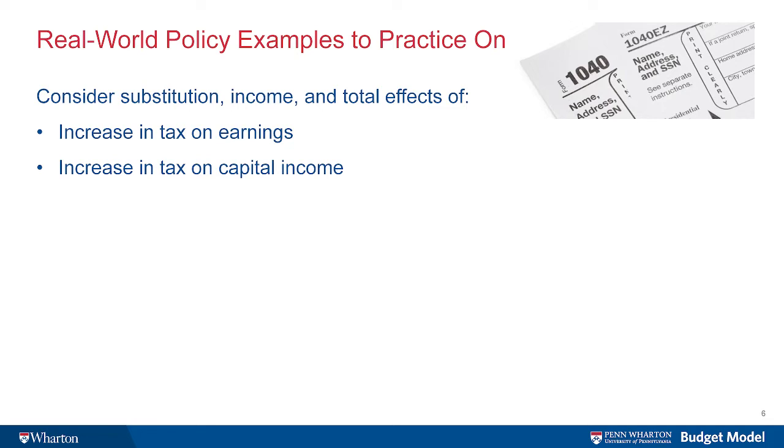You want to hit a target level of saving. So income and substitution effects on saving from a tax on capital income also work in opposite directions. We can't really predict the direction of the total effect, whether savings will go up or go down when we increase the tax on capital income.